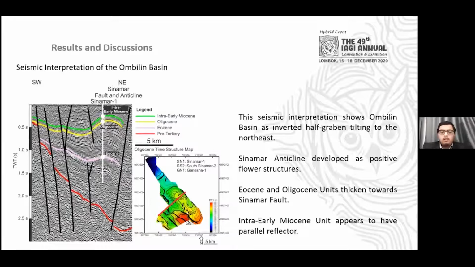This is a subsidiary of the Takung Fault, and it faces towards the southwest. We can also see that the Eocene and Oligocene units thicken towards the Sinamar Fault, which means that the deposition of the two units was contemporaneous with the fault development. And we have the intra-early Miocene unit, which appears to have parallel reflectors.